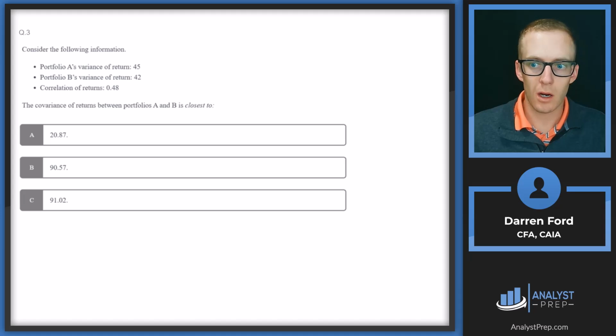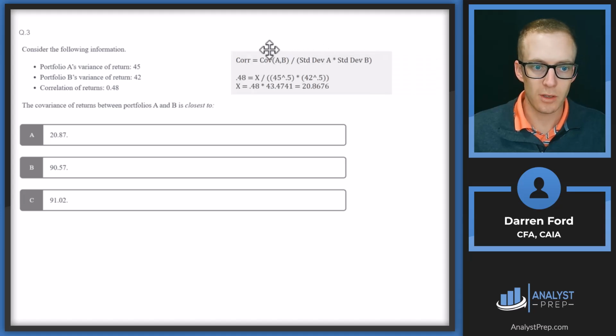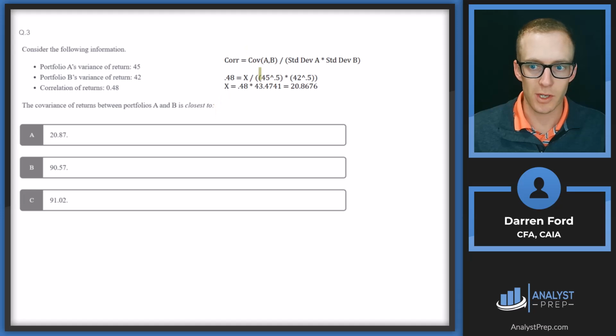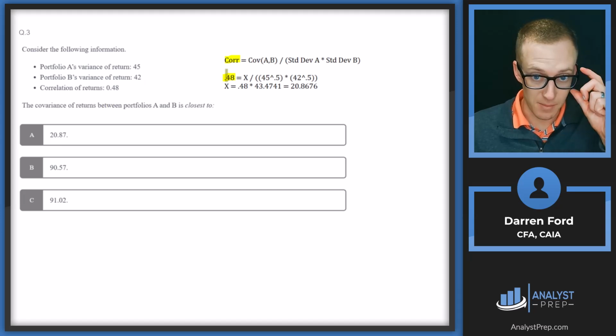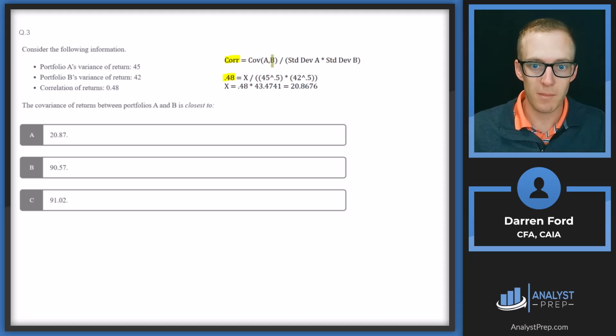So we're going to be using our correlation formula to solve this, and we're going to have to adjust some of the terms, but we'll start with correlation, which is given at 0.48, and that's going to be equal to the covariance of A and B, divided by standard deviation of A times standard deviation of B. We're not given covariance, so that's what we're solving for. We are also not given standard deviation, we're given variance.